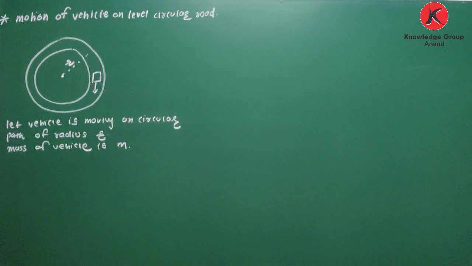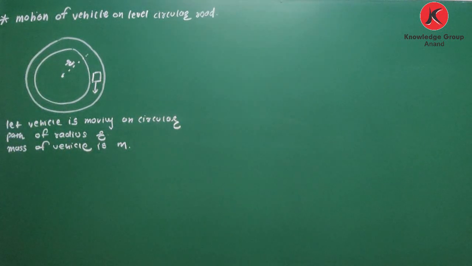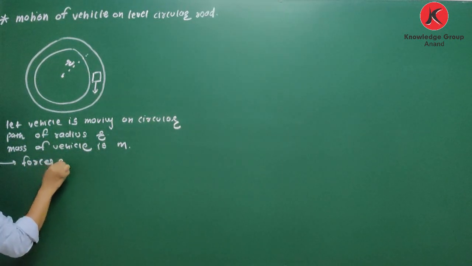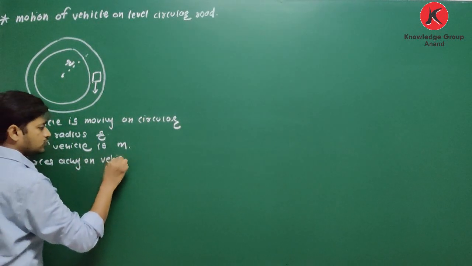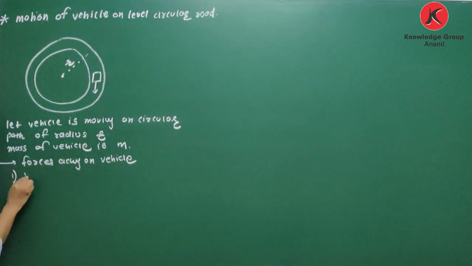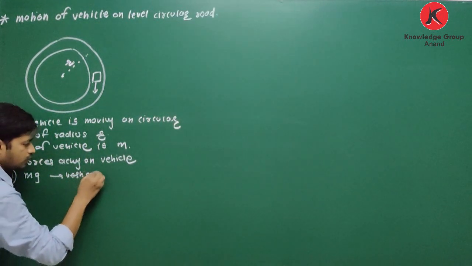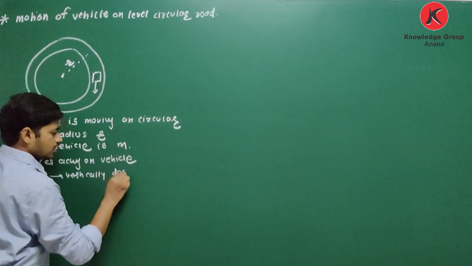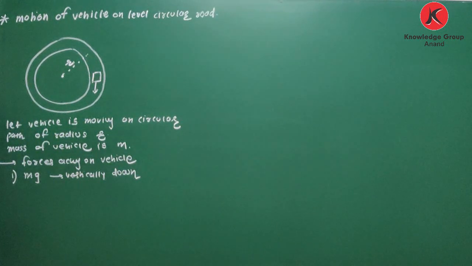Now, first of all, we will identify the total number of forces acting on the vehicle. First, always mg, that is weight, in vertically downward direction.